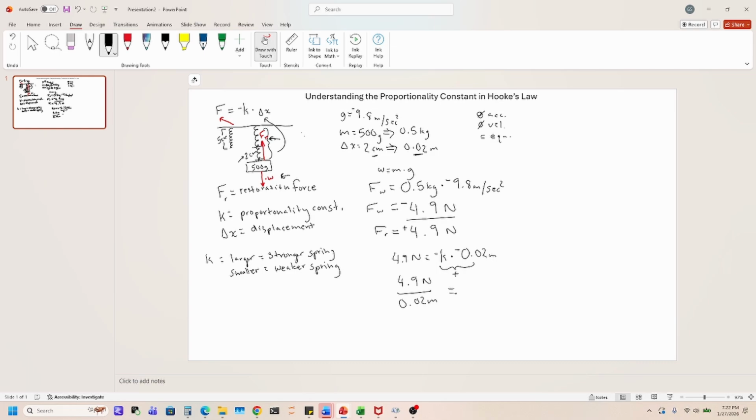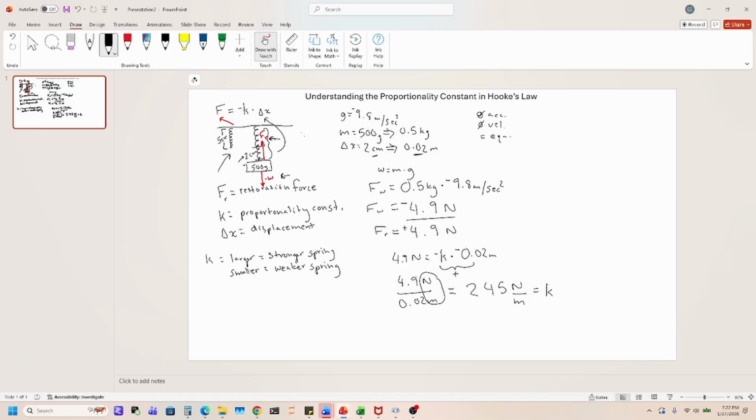And that will give me a unit of Newton meters for my answer, and that will give me 245 Newton meters for my answer.